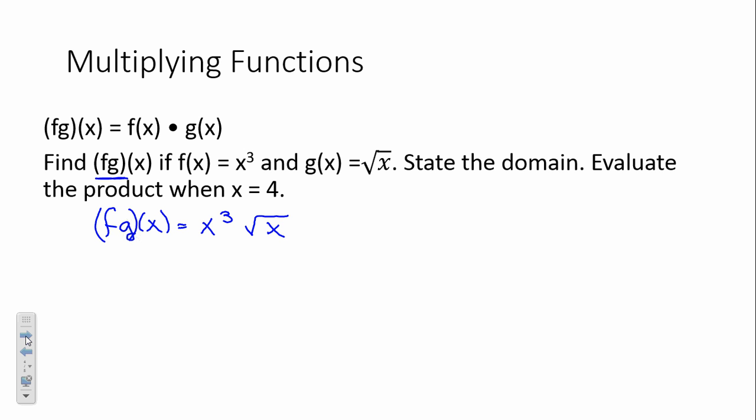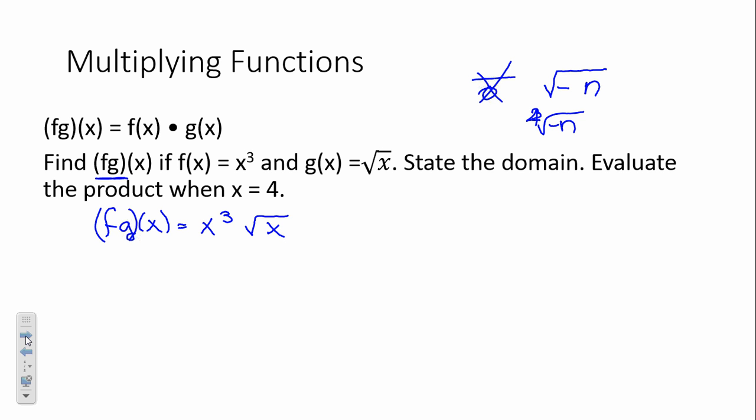What were the two things we can't do in the real number system? Divide by 0 and take a square root, cube root, or square root, fourth root, any even root of a negative number, right? Okay. Are we dividing?